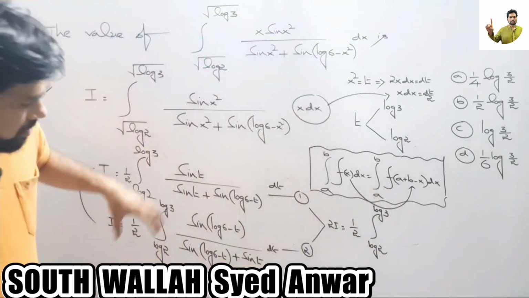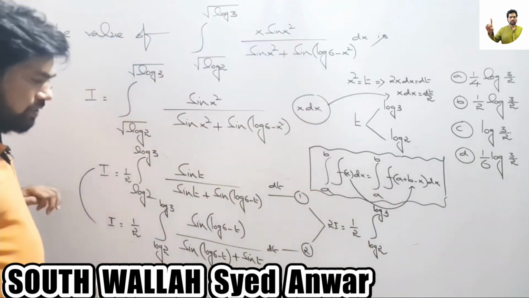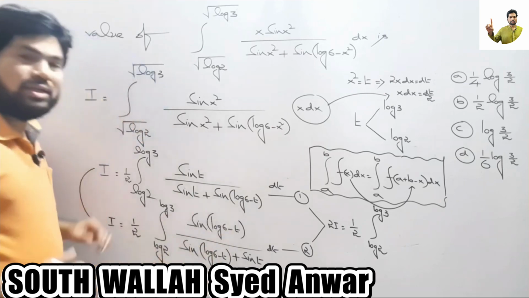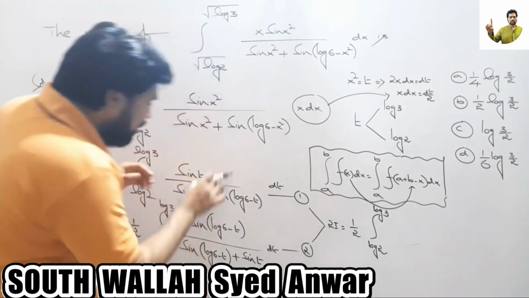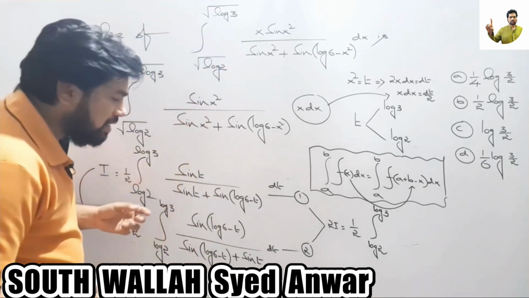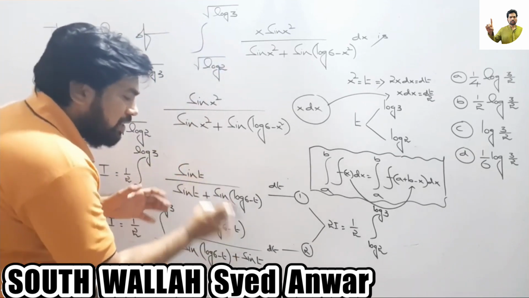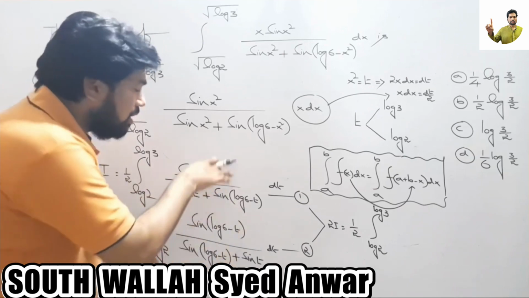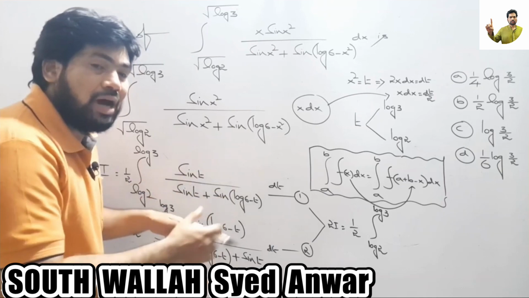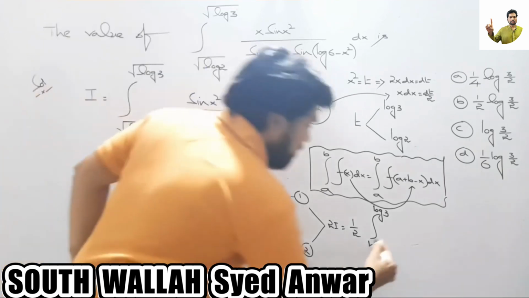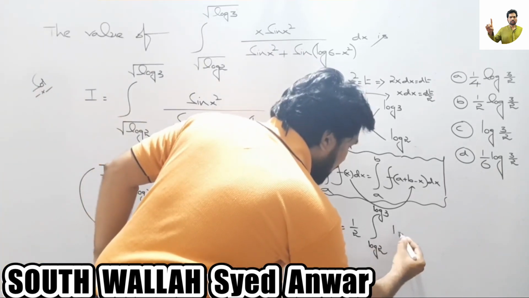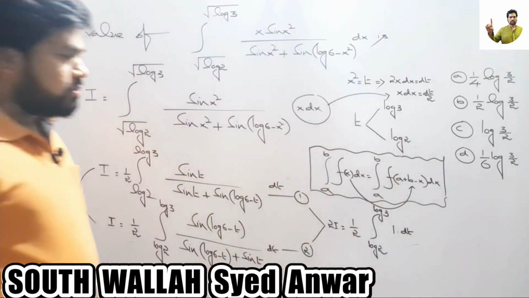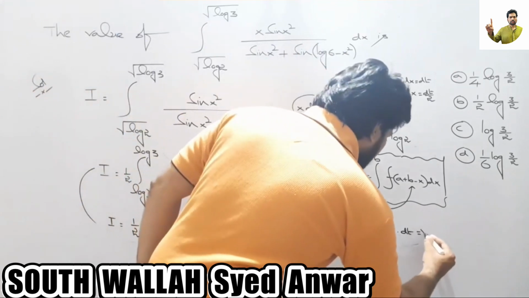Next, both the denominators are the same, so the numerators must be added. When I add the numerators, I get the value of the denominator. That means numerator and denominator are the same, so on cancellation, what is left is 1 multiplied by dt.